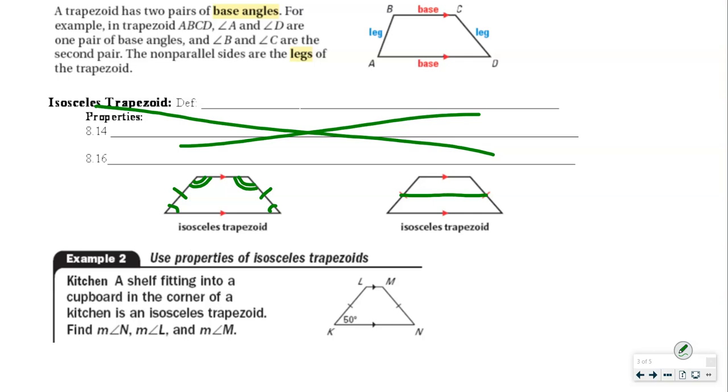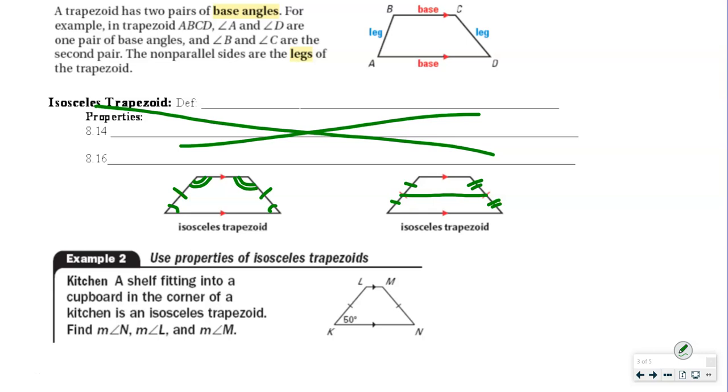Now in an isosceles trapezoid, those would be congruent. But in a regular trapezoid, the left side segments would be congruent, but then the right sides would be a little bit different.